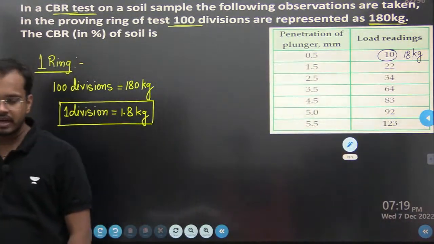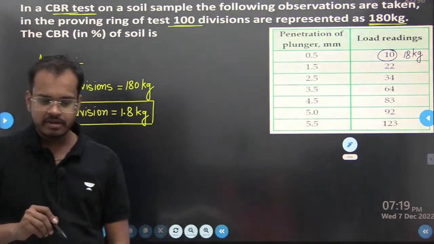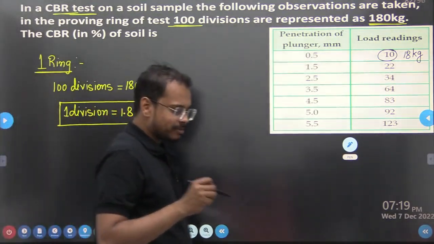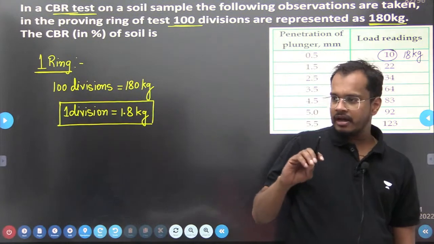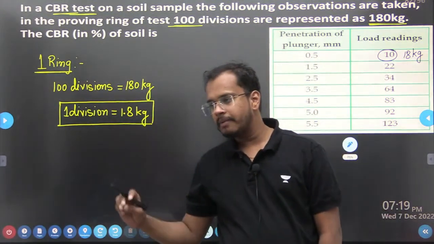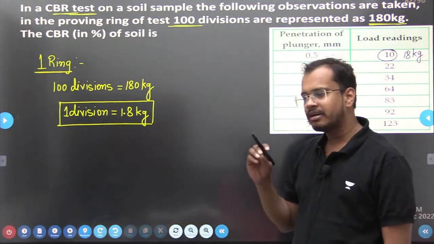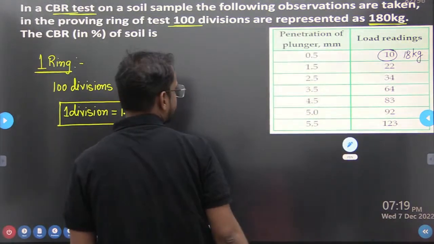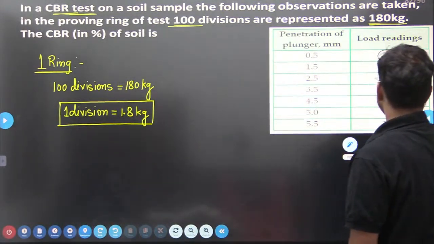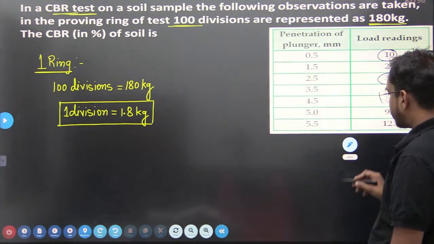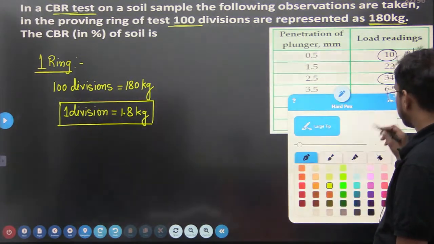We already know that if I am interested to calculate CBR percent, then CBR percent is the maximum of CBR percent at 2.5 mm penetration or CBR percent at 5 mm penetration. So now see here, 2.5 mm penetration, that means 34 divisions.